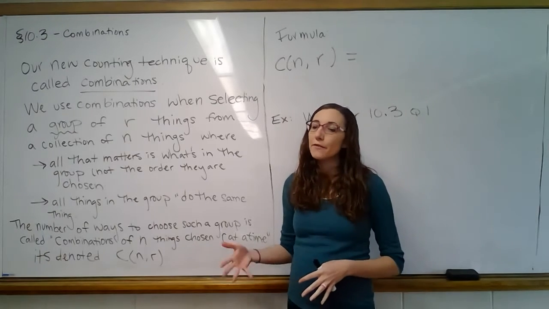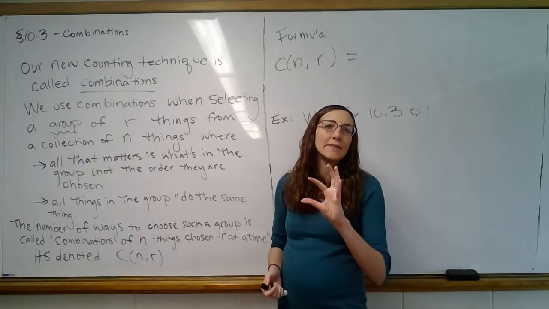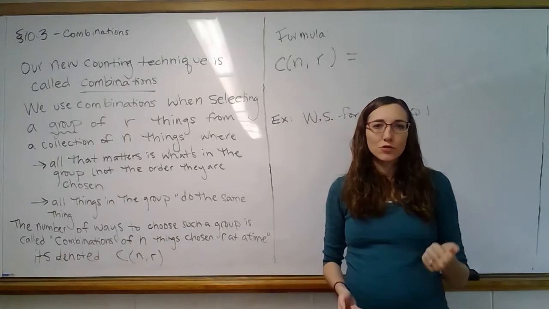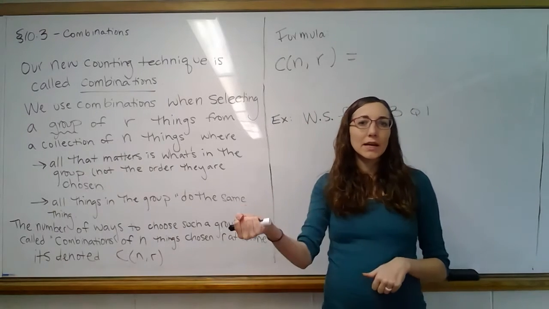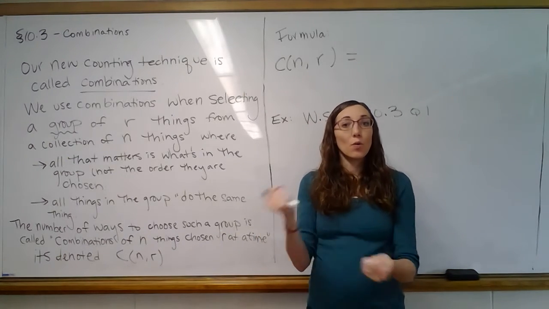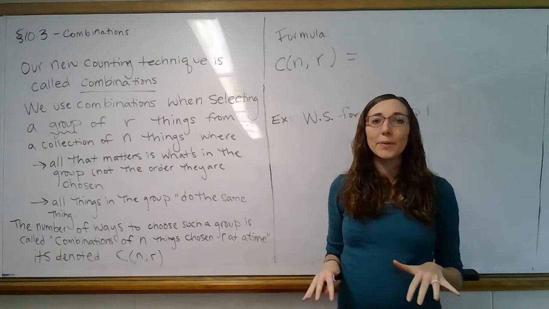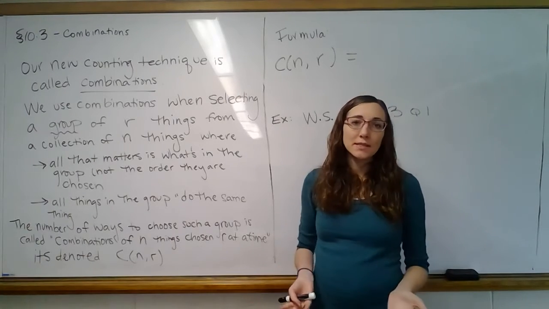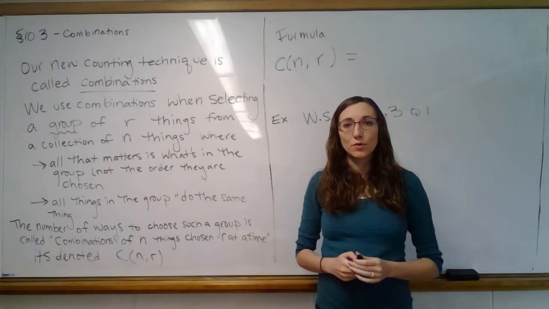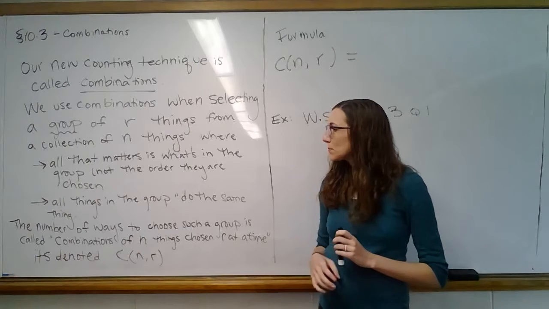It would have been different if in our subcommittee we picked a president and then a vice president and say a treasurer, because then picking a different person as president versus vice president, the order of that actually makes a difference. So we don't have that in a combination. It's just simply a collection or a group of either people or things.